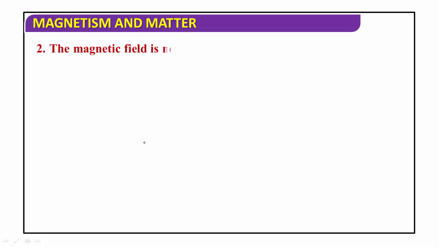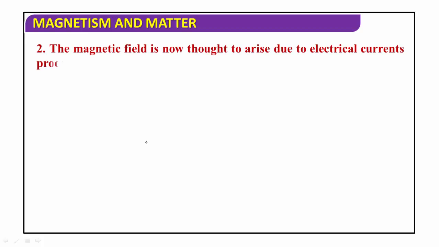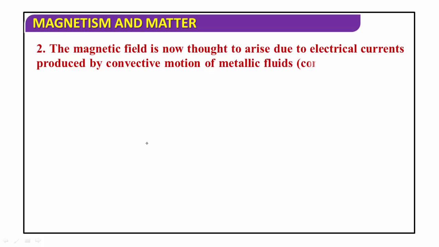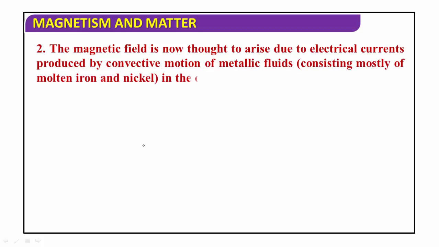The magnetic field is now thought to arise due to electrical currents. The Earth itself acts as a huge magnet. How is the magnetic field produced by the Earth? It is thought that it arises due to electrical currents produced by convective motion of metallic fluids, since molten iron and nickel are the most abundant elements in the outer core of the Earth.